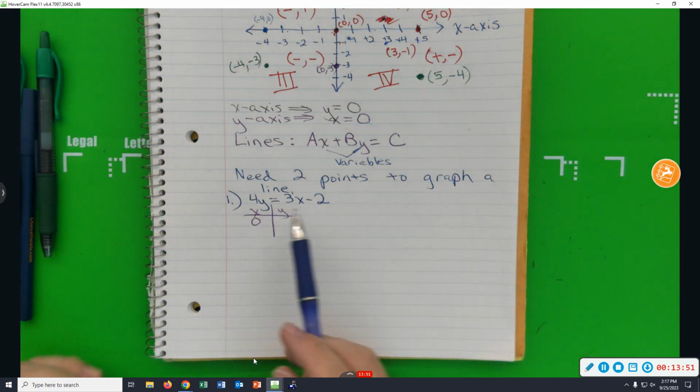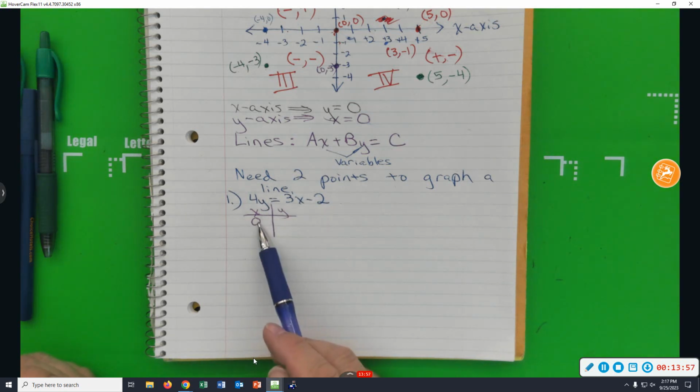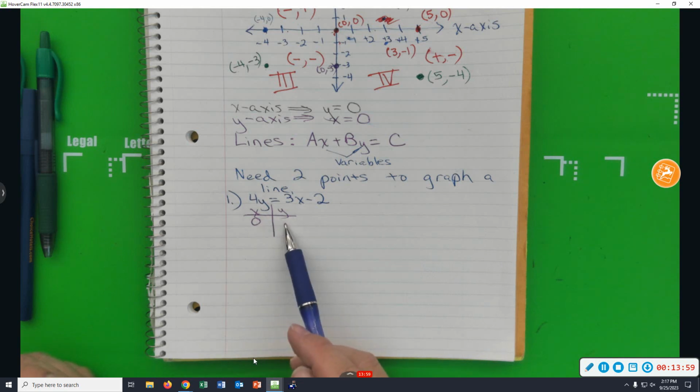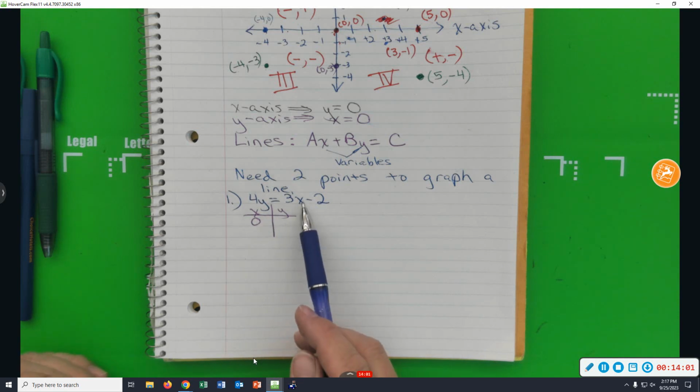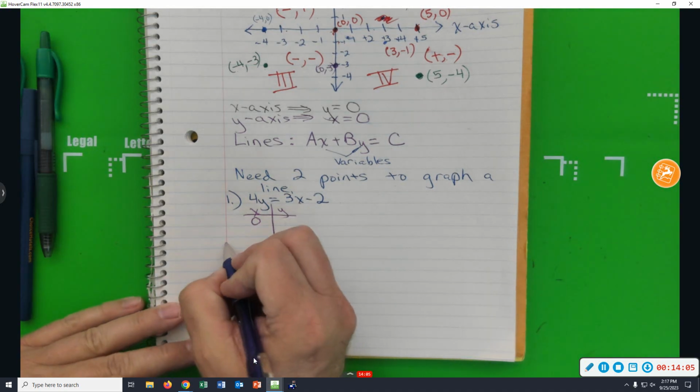This is saying, go to the equation, and where you see an x, replace it with the 0. They want us to find the y value. So, plugging in 0 for x, I'll write it right here.